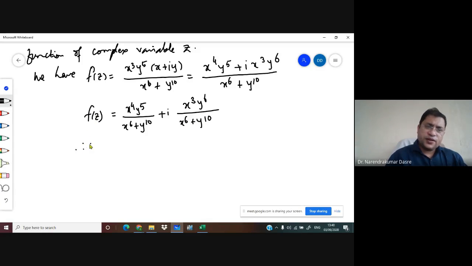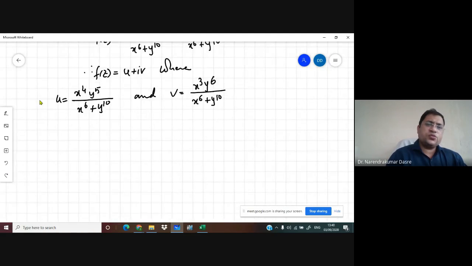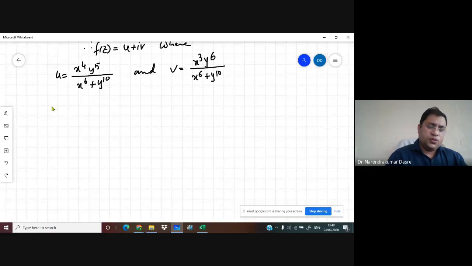So f of z is equal to u plus iv, where u is equal to x raised to 4 y raised to 5 upon x raised to 6 plus y raised to 10, and v is equal to x cube y raised to 6 upon x raised to 6 plus y raised to 10. So that's what we got.